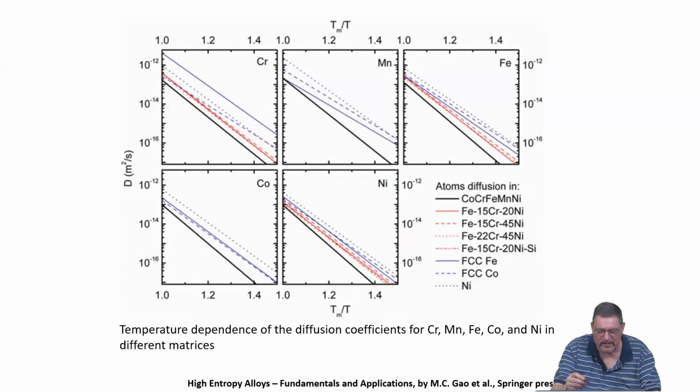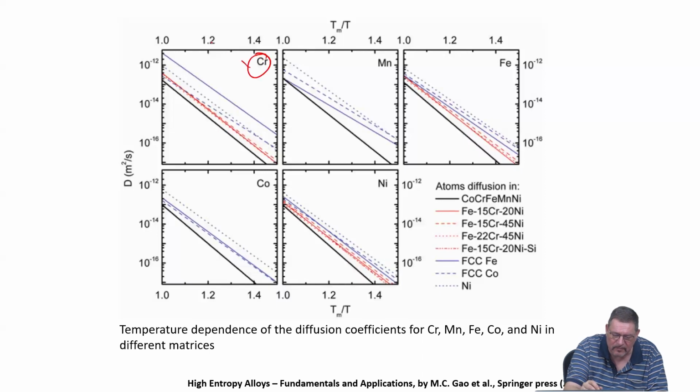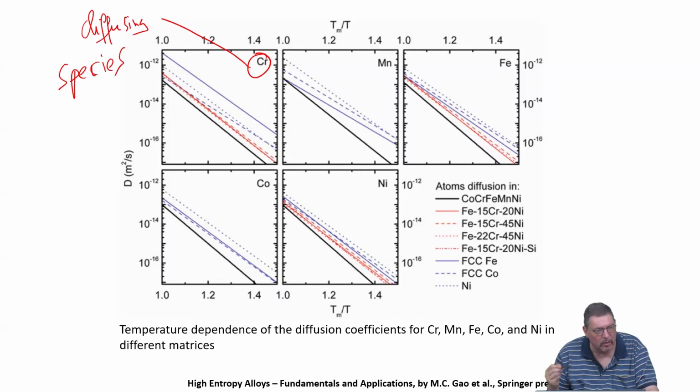This is always the diffusing atom. For chromium, for example, its interdiffusion was measured in different host materials.